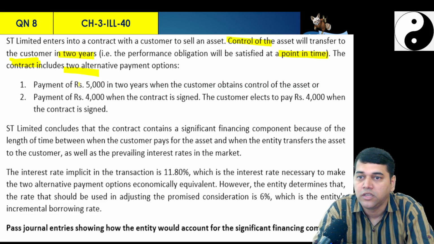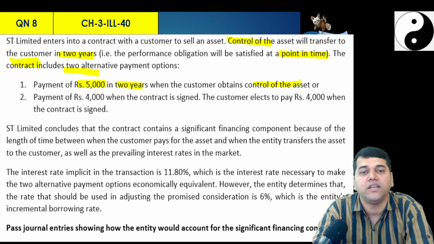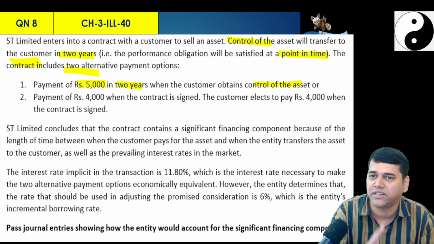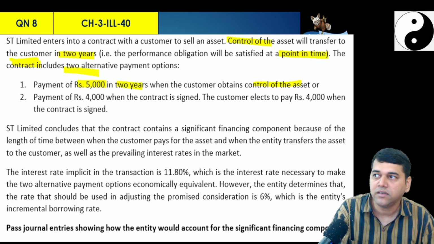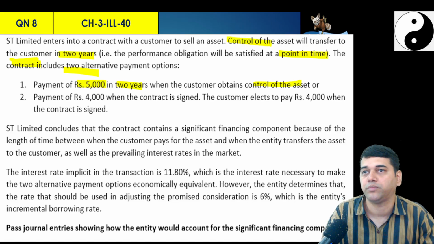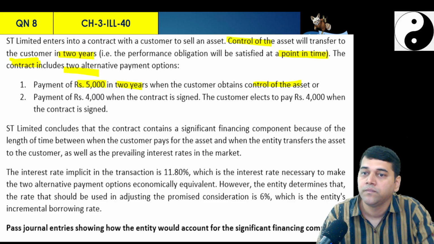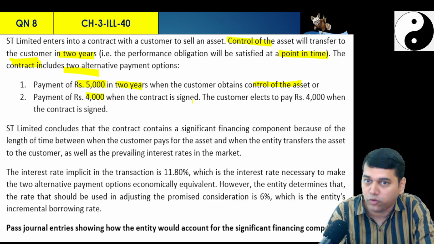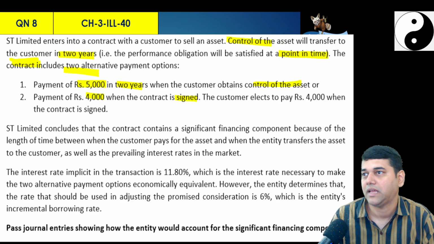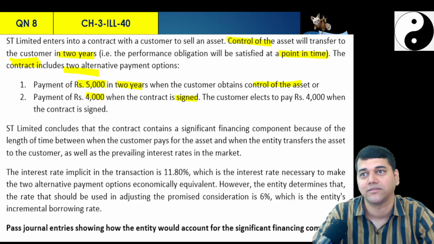One option: you pay 5,000 two years from now, when the customer obtains control. That means right now I enter into a contract to develop this machine. As per the contract, after 2 years I will give the machine, and you pay me 5,000 rupees. Or you pay me 4,000 rupees now, the moment the contract is signed, and I will give you the machine after 2 years.